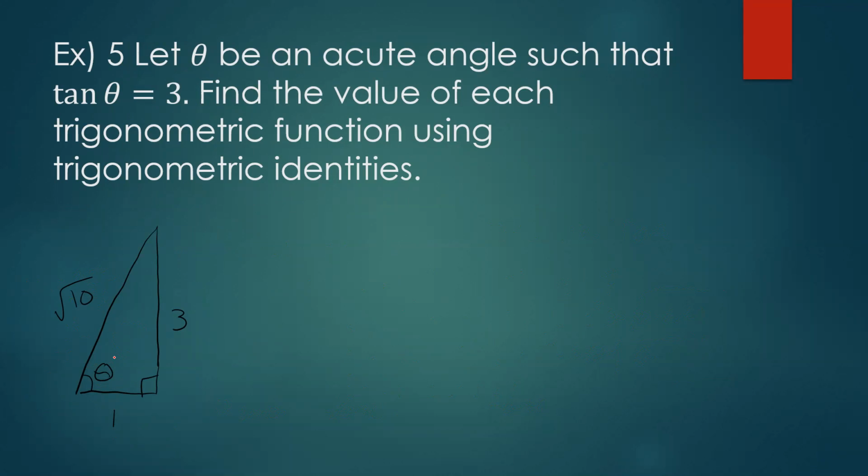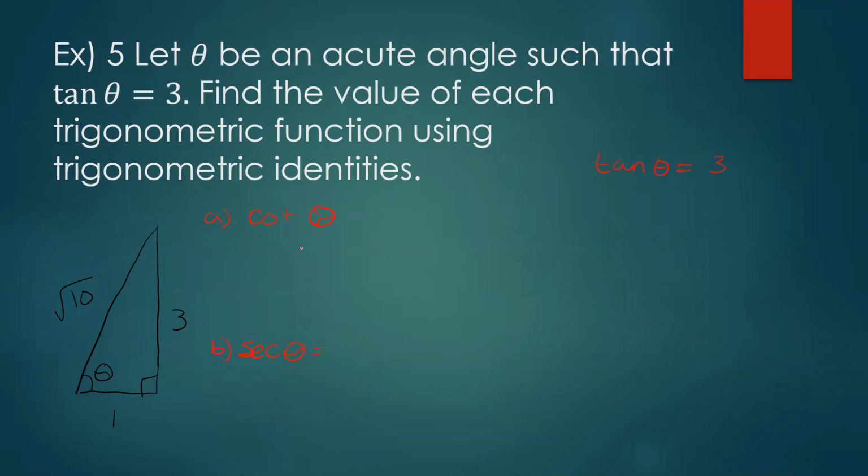Actually, the problem says you have to find two parts. Part A says find cotangent theta, and part B says find secant theta, which we can easily find, right? So what do we know? Here's theta right here. They're saying that tan of theta equals 3, right?